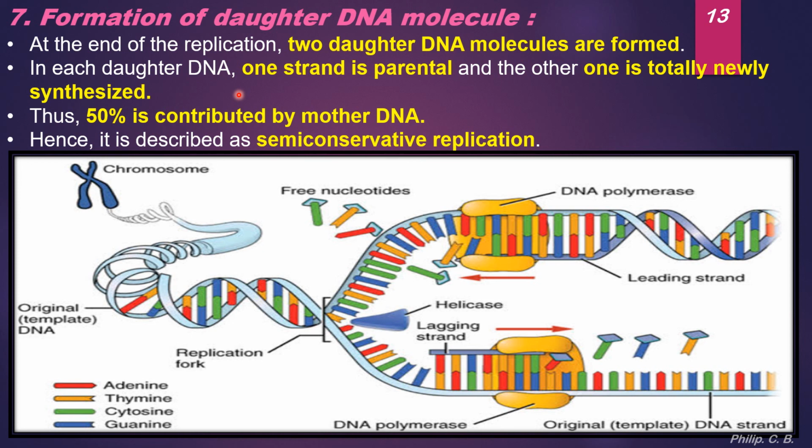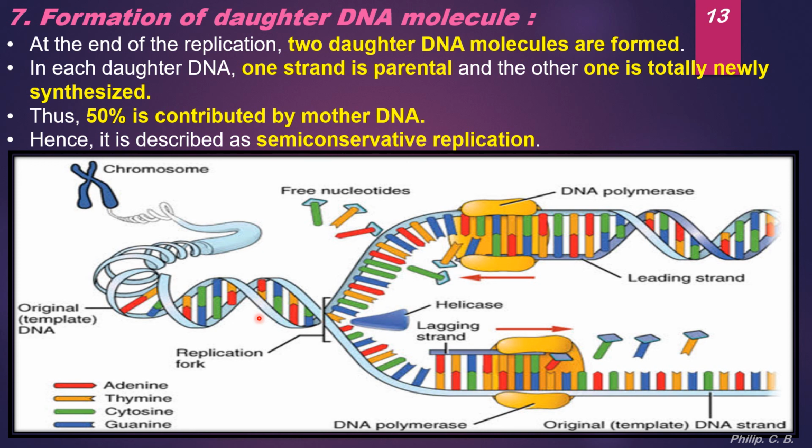Since 50% is contributed from the mother DNA and 50% is new, half the older one and half the new one, it is termed semi-conservative replication. As the term semi means half, the half from the mother DNA is preserved or conserved, so it is termed semi-conservative replication. Again I have put another image for your better understanding.